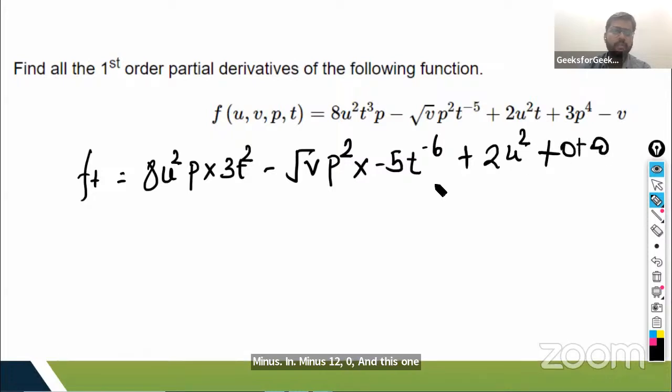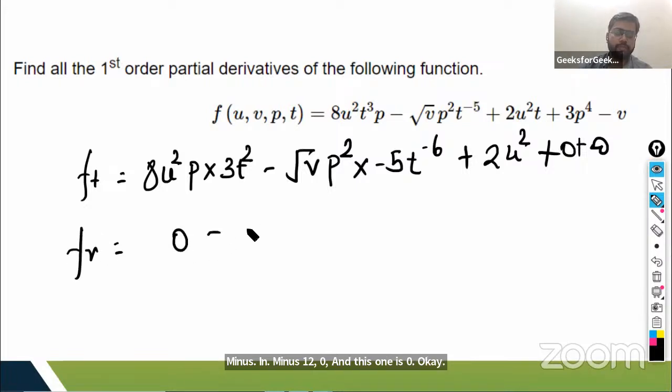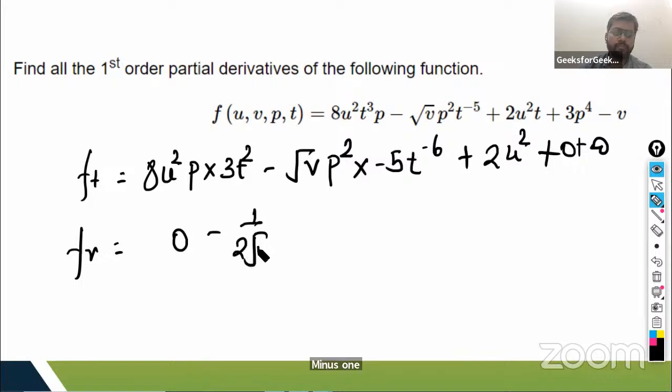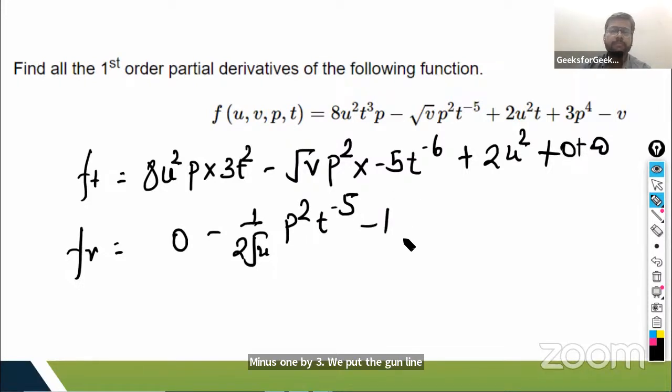And if v is equal to 0, minus 1 by 2 root v p square p to the power minus 5 minus 1. This one is the answer.